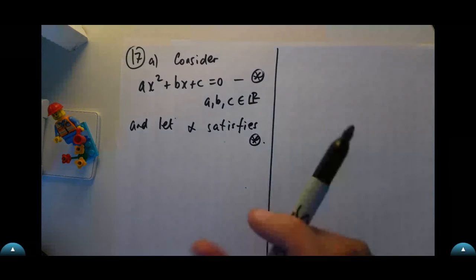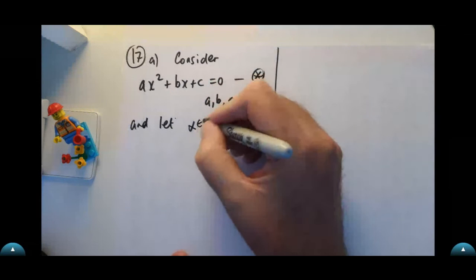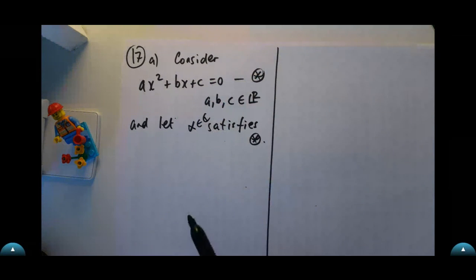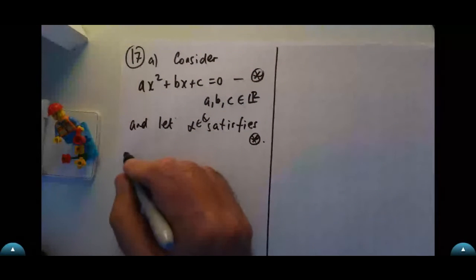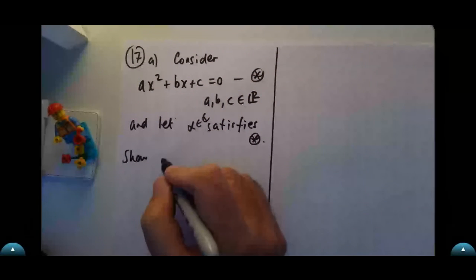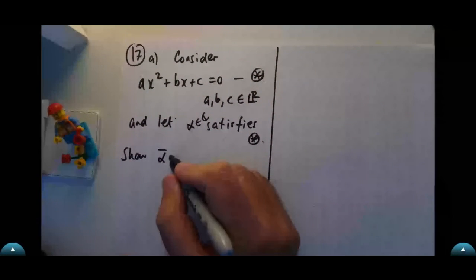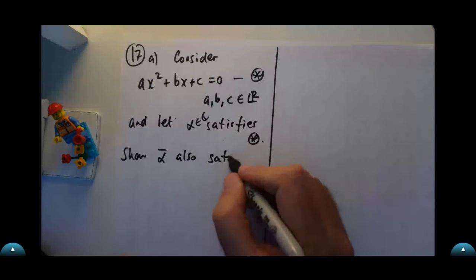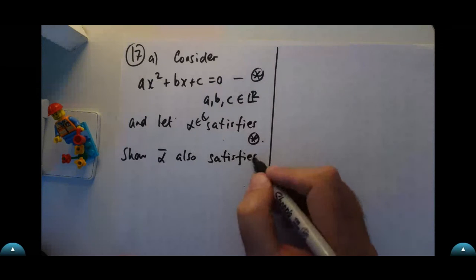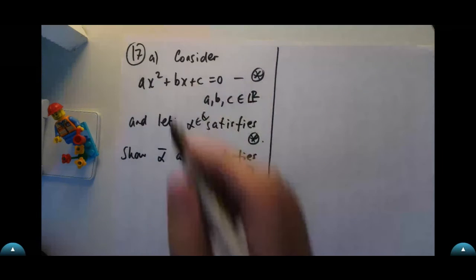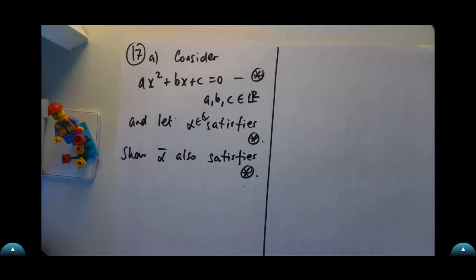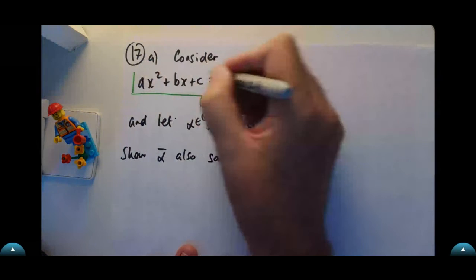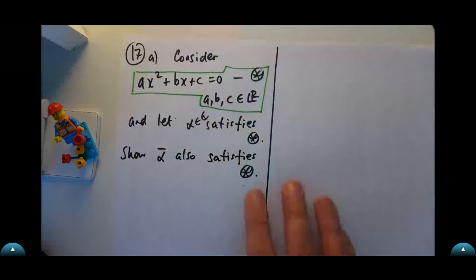What this question asks us to do, and let's say it's a complex number, where this funny looking C just means the set of complex numbers, is show that the conjugate of alpha also satisfies the original equation. Okay.